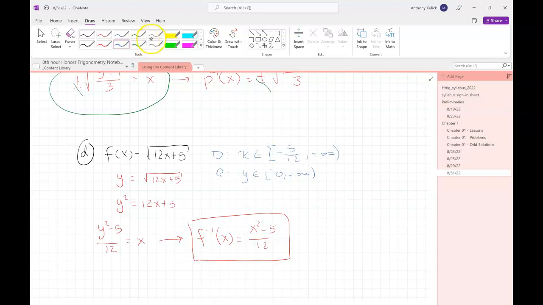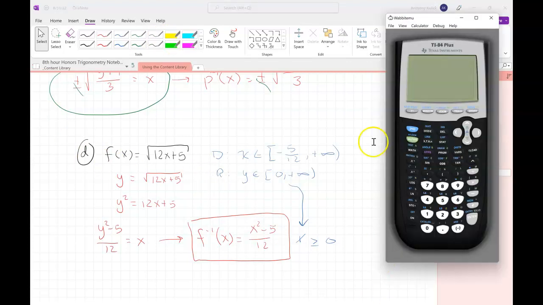So this range is going to become the domain for this quadratic, because you don't get the full quadratic. You just get 1/2 of it. Do you know what I mean?